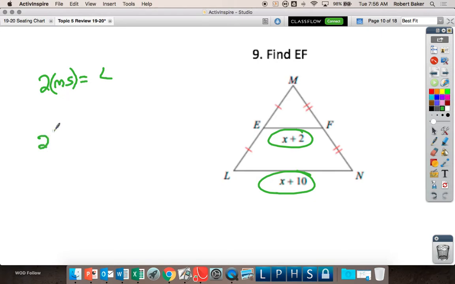So I'm going to write that. 2 times the length of the mid-segment is equal to the long side. And there's the expression I'm trying to solve. 2 times x is 2x. 2 times 2 is +4 equals x plus 10.